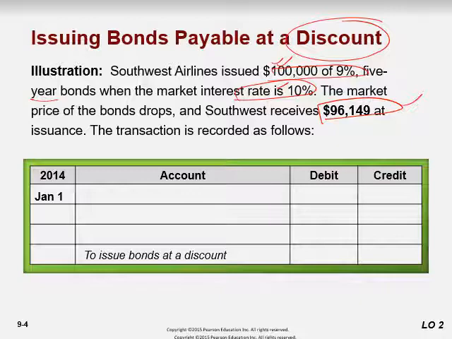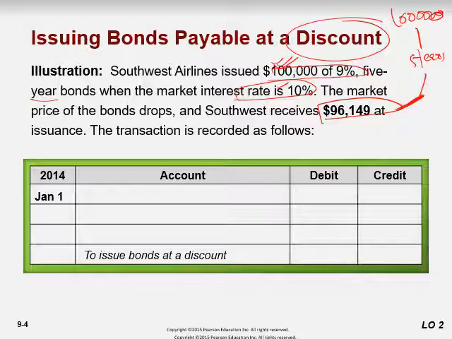So we create a liability of exactly this 100,000 because we have to pay back $100,000 at the end of 5 years. No matter how much we receive now, it doesn't matter. After 5 years, we have to pay the face value 100,000, right?